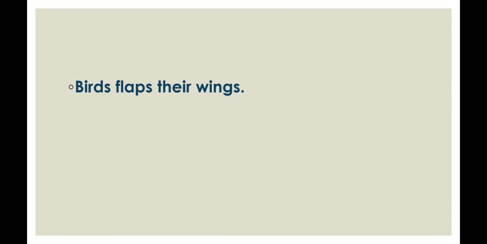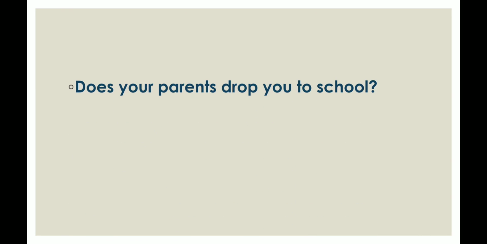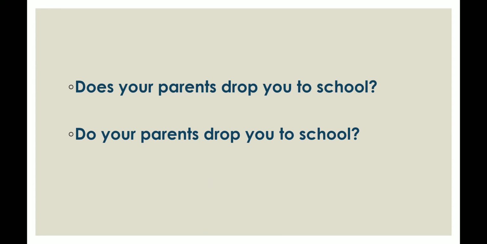Now birds are plural here, so we have to use root form of the verb and we will say birds flap their wings. Does your parents drop you to school? Now the answer is, do your parents drop you to school, because parents is the subject and it is plural, so we will use do rather than does.